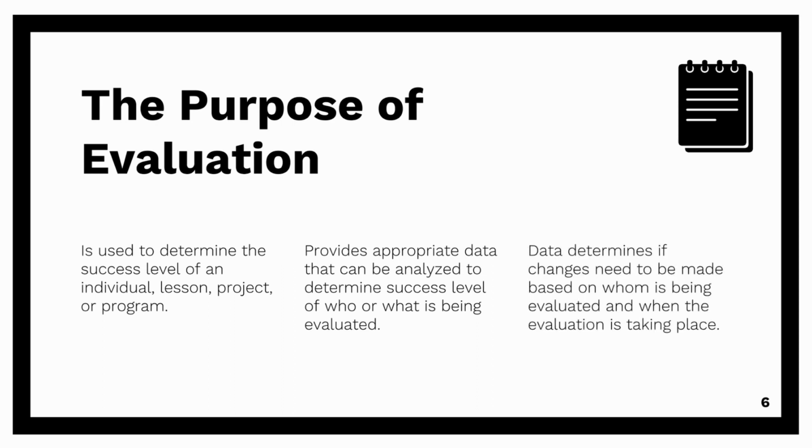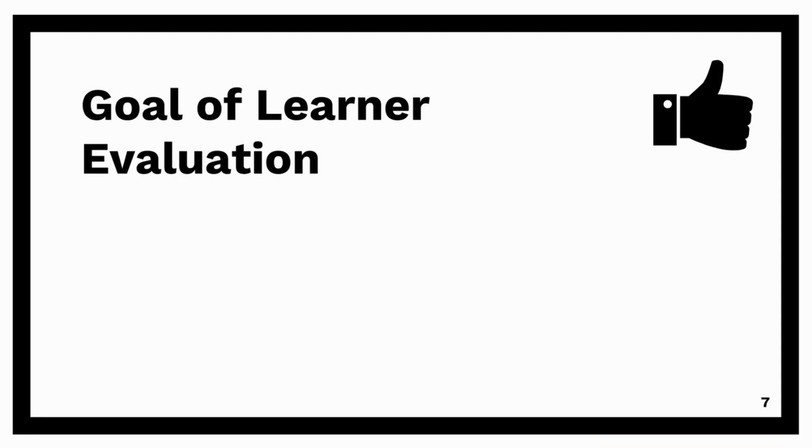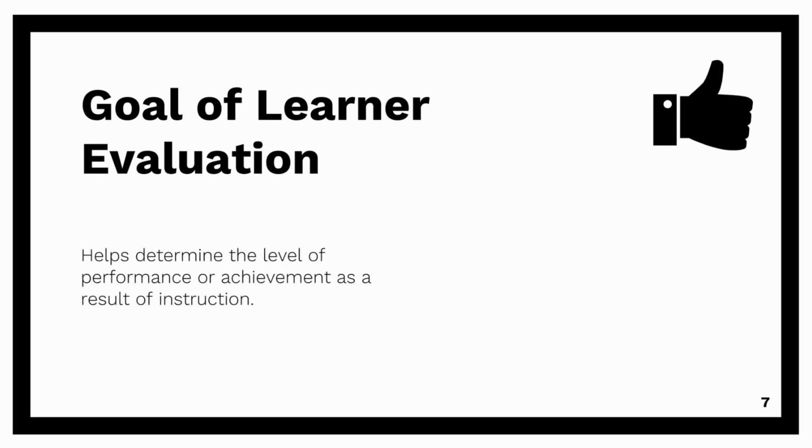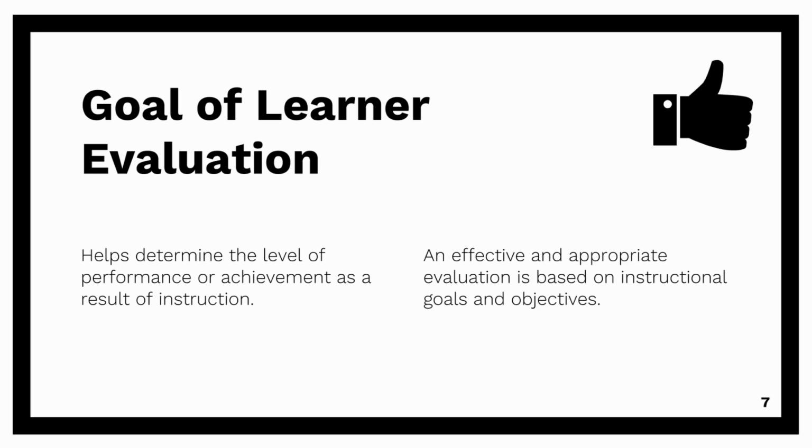The data determines if changes need to be made based on whom is being evaluated and when the evaluation is taking place. The goal of learner evaluation is that it helps determine the level of performance or achievement as a result of instruction. An effective and appropriate evaluation is based on instructional goals and objectives.